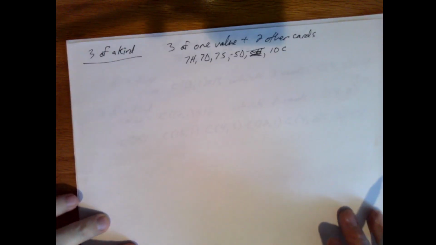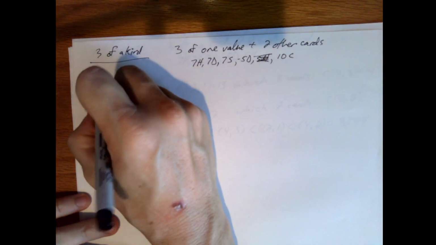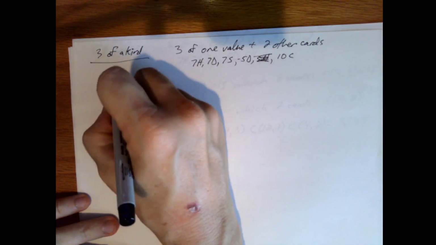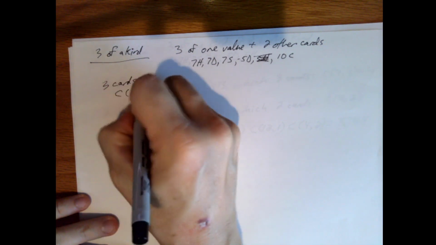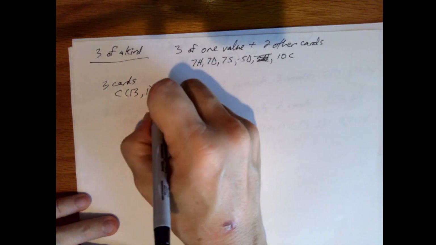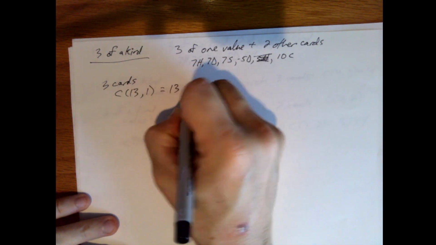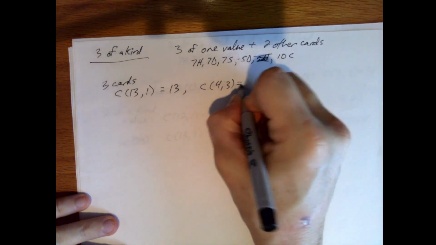So how do we work this? Well, the first part's the same as we did before. So the 3 cards is still going to be C of 13 choose 1 for which of the 13 values we want. Which 3 within that is C of 4, 3.